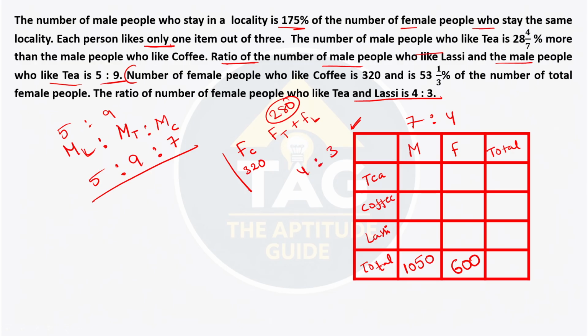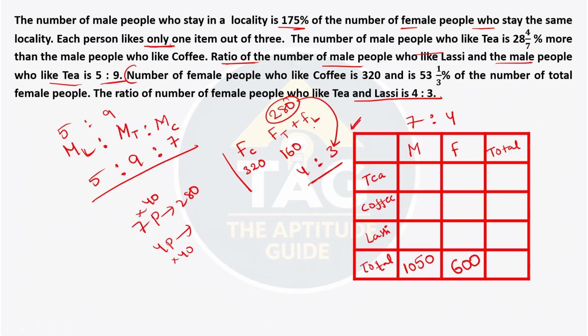4 is to 3. So 280 should be divided in the ratio 4 is to 3. So 4 plus 3, on the whole it's 7 parts. If 7 parts is 280, what is 4 parts? 7 times 40 is 280. So 4 times 40 is 160. So female people who like tea is 160.